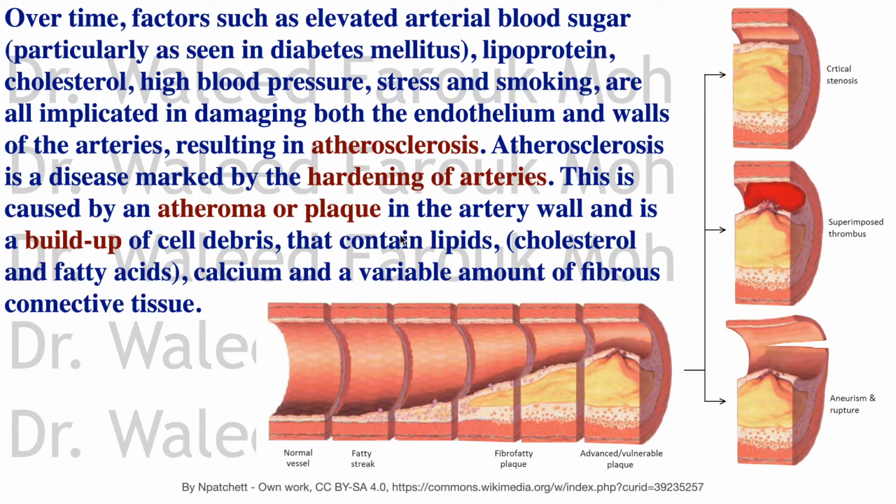Over time, factors such as elevated arterial blood sugar, especially as seen in diabetes mellitus, lipoproteins and cholesterol, high blood pressure, stress, and smoking are all implicated in damaging both the endothelium and walls of the arteries, resulting in atherosclerosis.